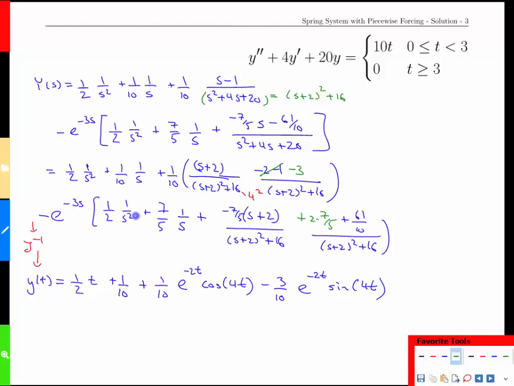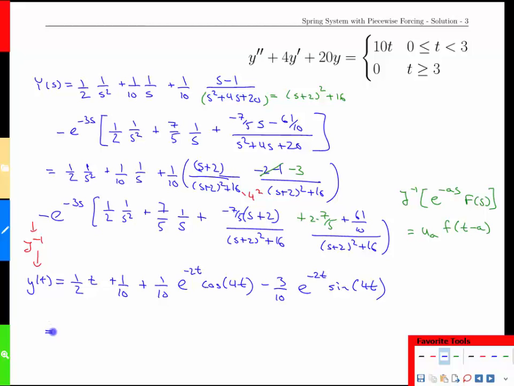Next, we have the same basic process for this collection of terms here, but we have to remember that the inverse transform of e to the negative as times F(s) here is going to equal a step function that turns on at a, times f(t) shifted by a. So the same transform, but with all the t's replaced by t minus a.